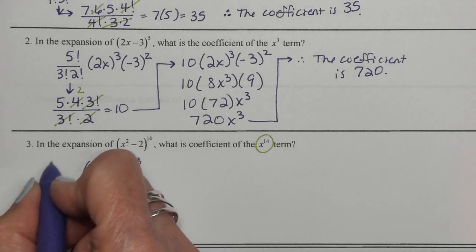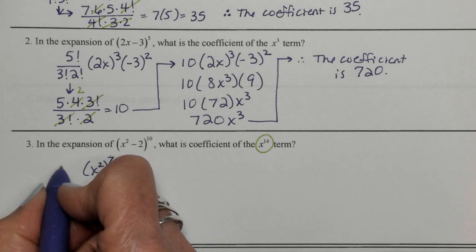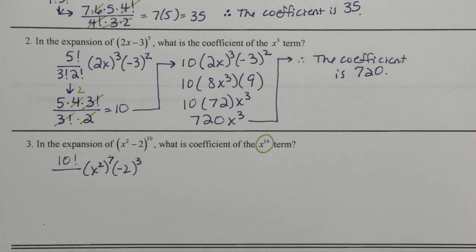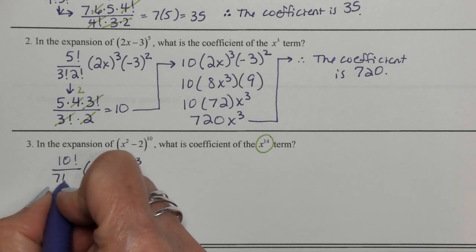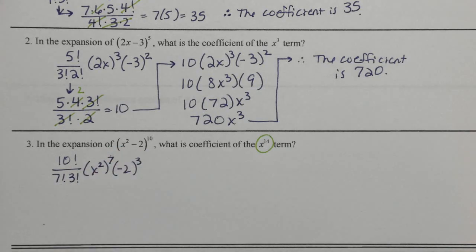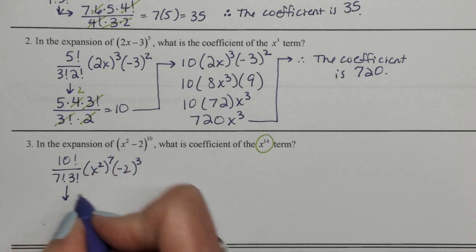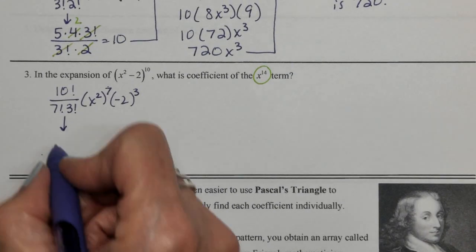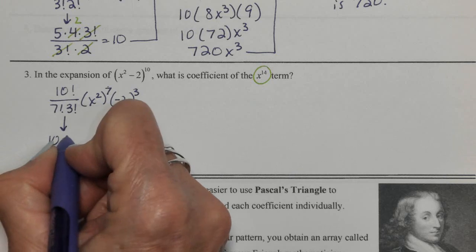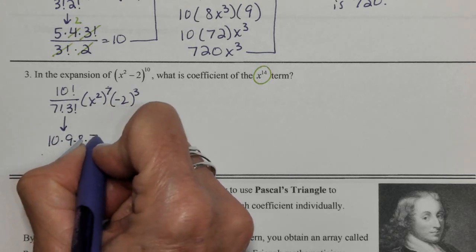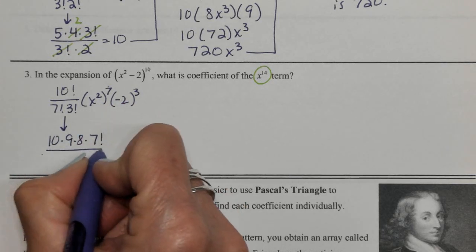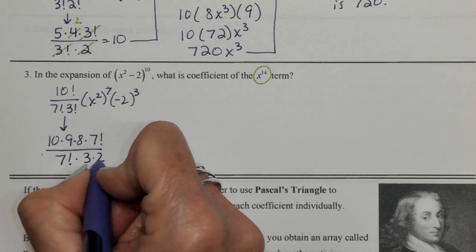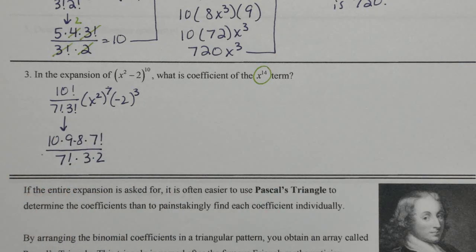So my binomial theorem tells me out in front I'm going to have 10 factorial divided by 7 factorial times 3 factorial. I come down here to take care of my factorials, and then I'll put it all together. So we have 10 times 9 times 8 times 7 factorial divided by 7 factorial times 3 times 2 times 1.